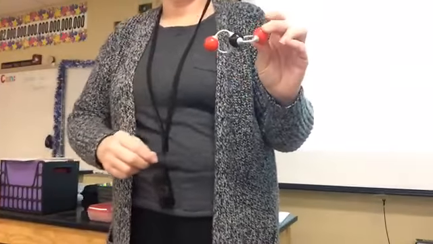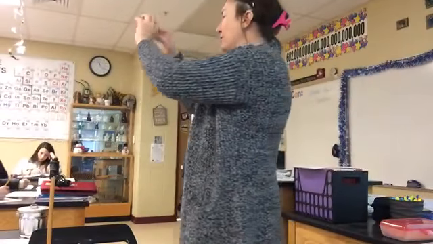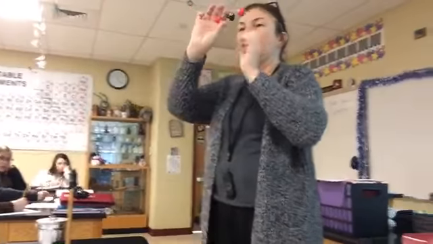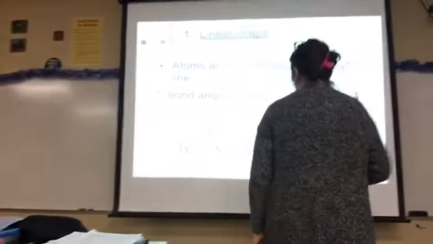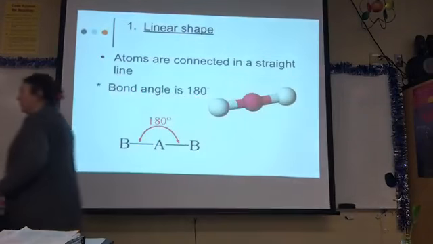Okay? Straight line. Just keep following me. Okay? This is a linear molecule, carbon dioxide. See the double bonds here? Okay? They are in a 180-degree angle. They are straight. There. And capture it.